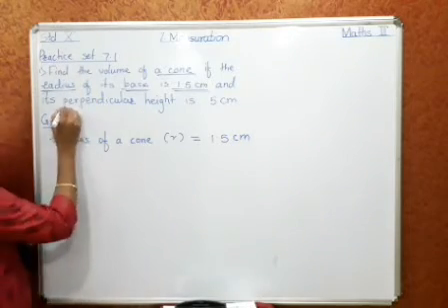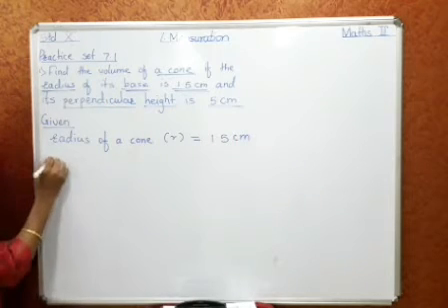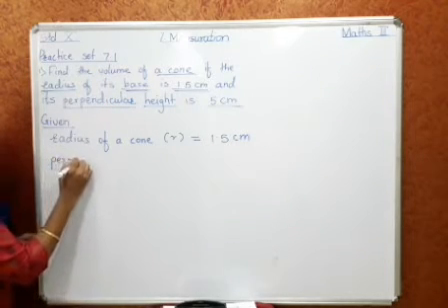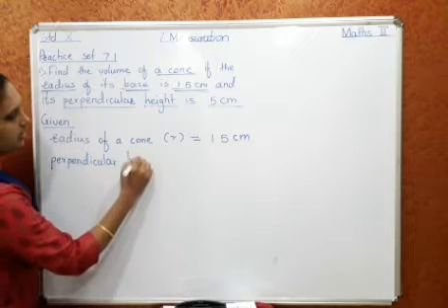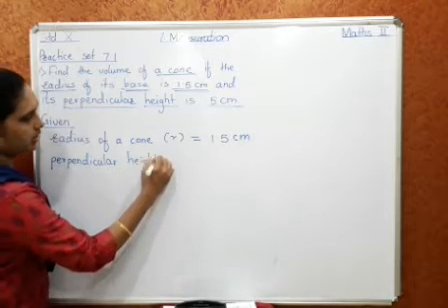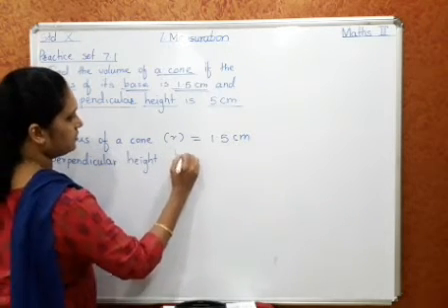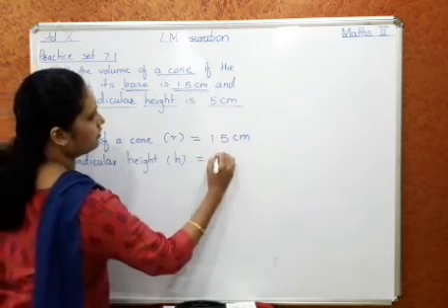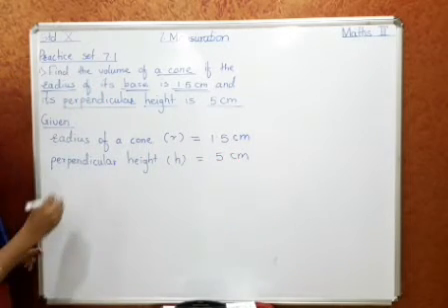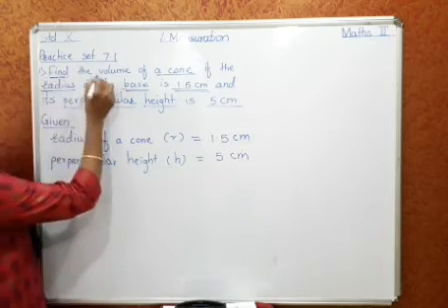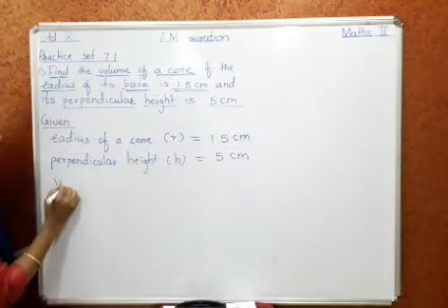Further, perpendicular height is given, 5 centimeter. Perpendicular height is denoted with the letter H. So H is equal to 5 centimeter. And what to find in this? We have to find the volume of a cone.